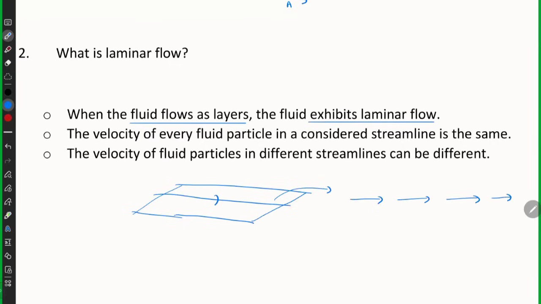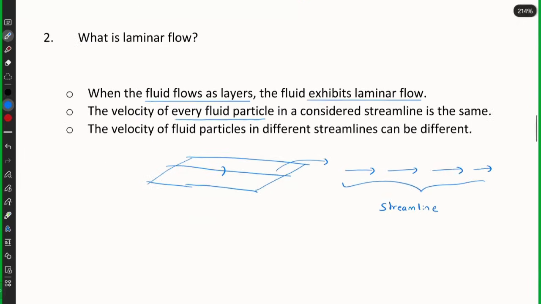When you consider a particular streamline in that layer, every fluid particle in that considered streamline has the same velocity, right? So velocity of fluid particles in different streamlines can be different.